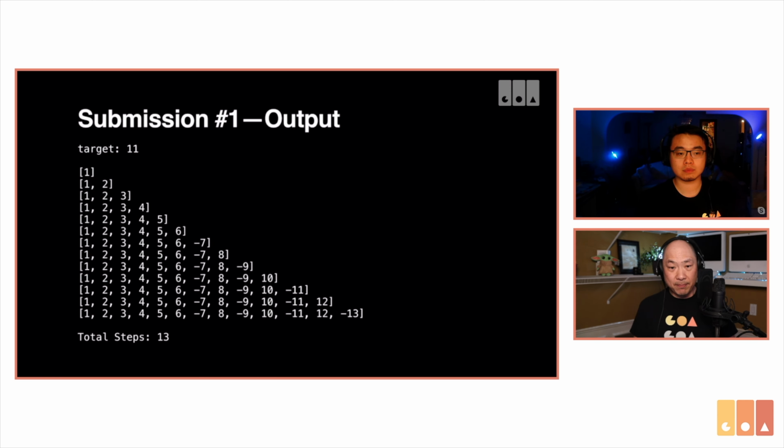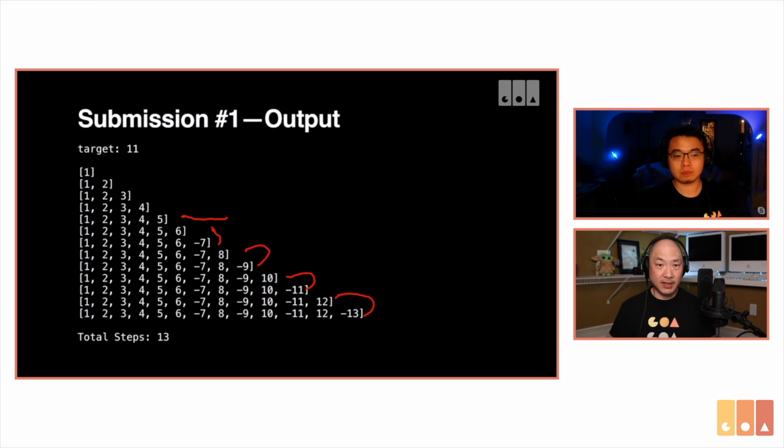So the next 2 lines where he adds 6 and -7, that would be a -1. 8 and -9 is another -1. 10 and -11 is another -1. And 12 and -13 is another -1. So at this point, he's done 4 -1s. Then he's reached the target at 11. So there's a total of 13 steps.